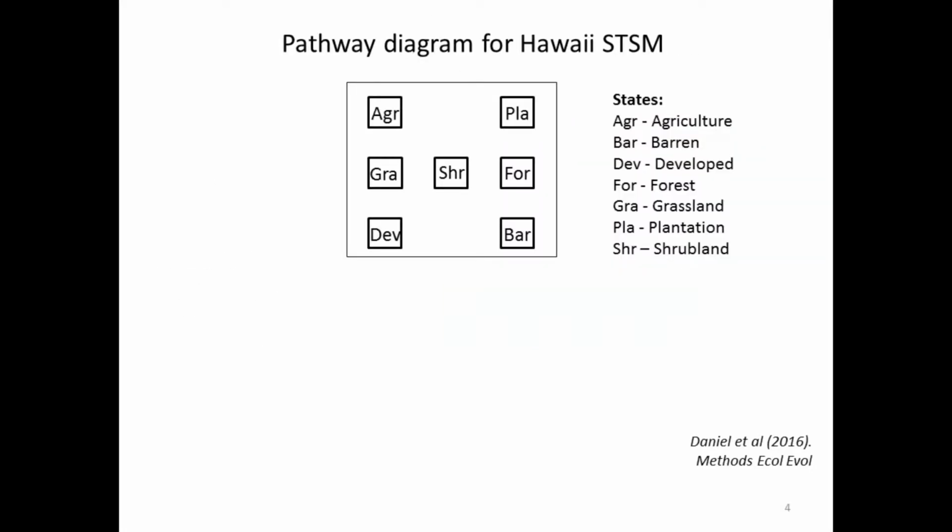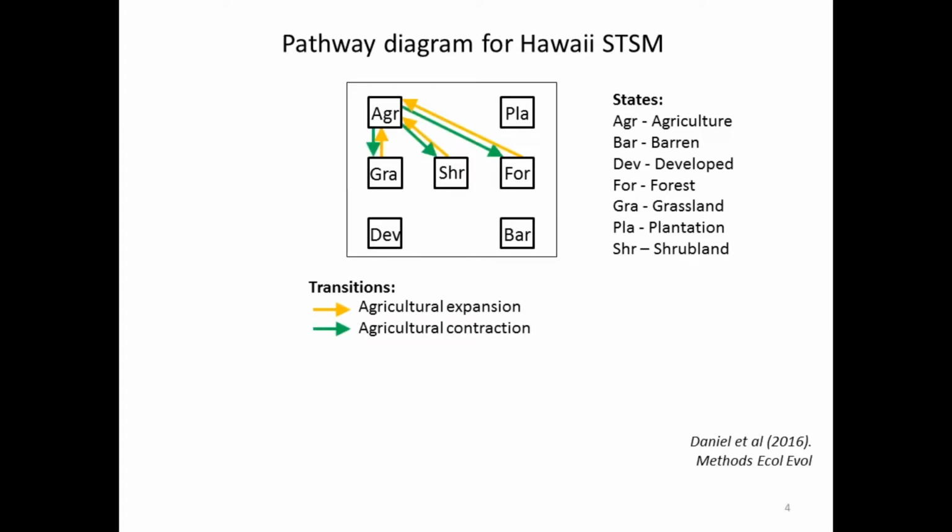And so here's a figure of how this land use land cover change model works. You have 7 states, as I said. You have a number of different transitions, and again, they're fairly simple. We have agricultural expansion, contraction, where we're moving land back and forth between the agricultural state and other states.